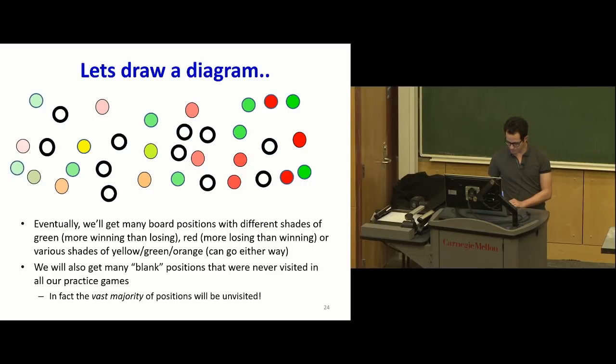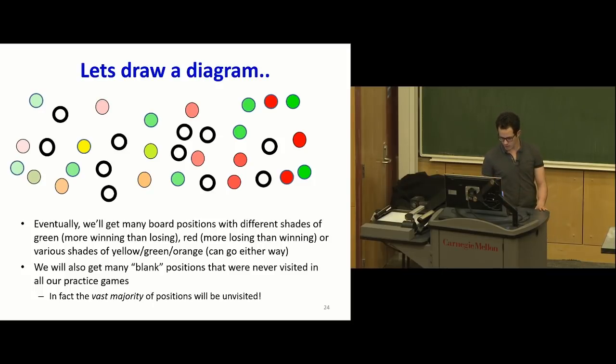And then you've got all the nodes that you didn't go through, which again, because there are so many possible nodes, are the vast majority of them. So how do you add a color to these nodes? That's one of the biggest questions of reinforcement learning.